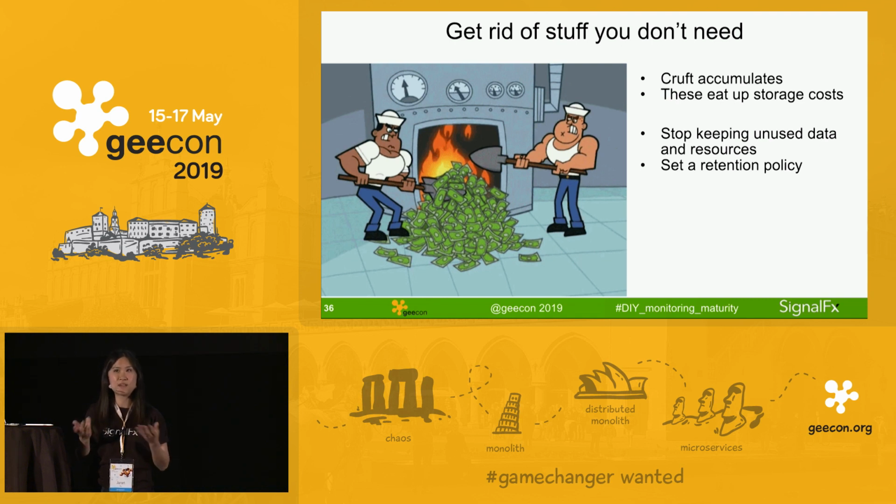What is the real data? What is it that I actually want? Because there's all this old stuff. So one way you might want to address this is to have a retention policy on old data or resources, things that haven't been touched. Maybe you can expire them, mark them for deletion, and eventually get rid of them.